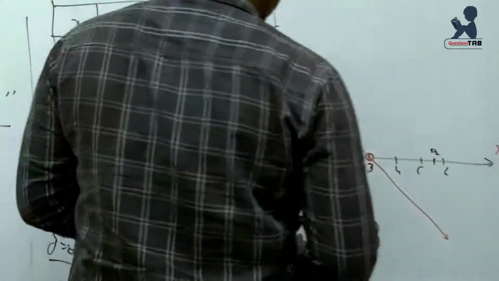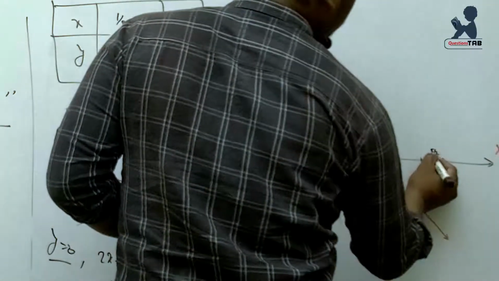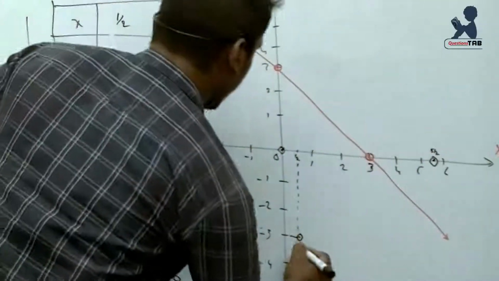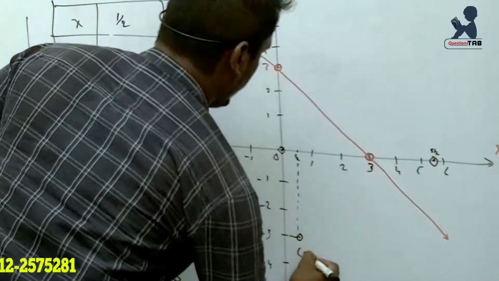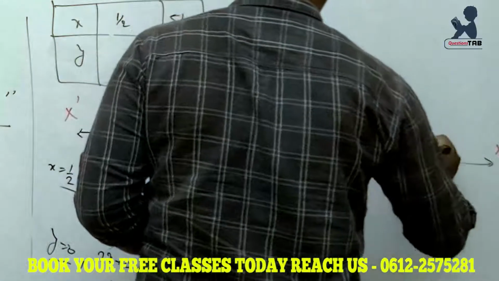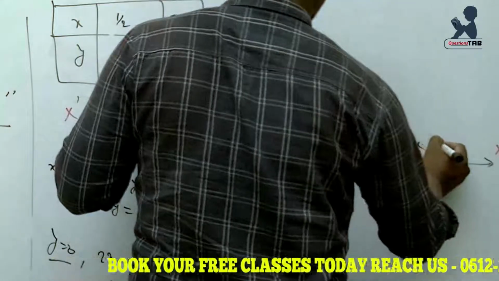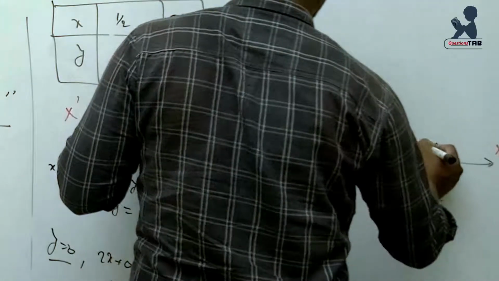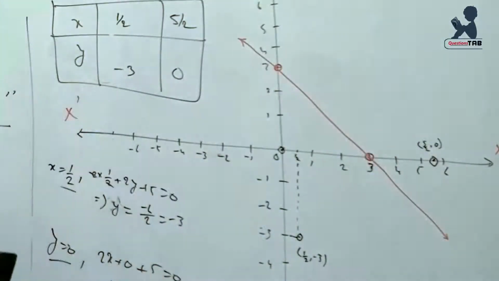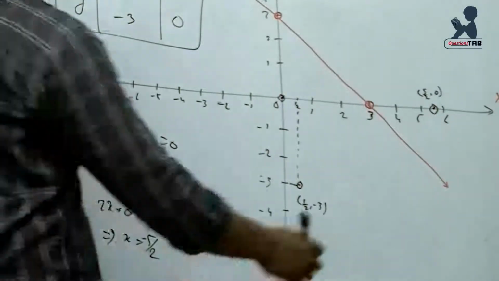Okay, so it's our second point, and this one our first point, that is for x equals half, y is minus 3, and for y equals 0, x is 5 by 2. Sorry, not 5 by 2, it's minus 5 by 2.